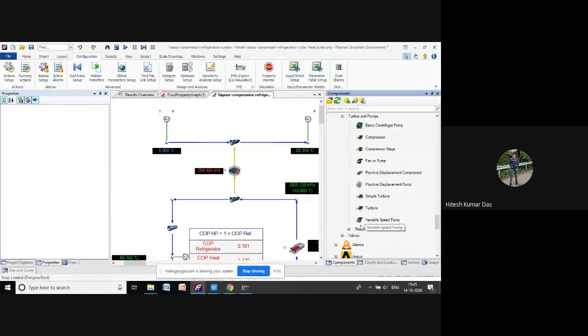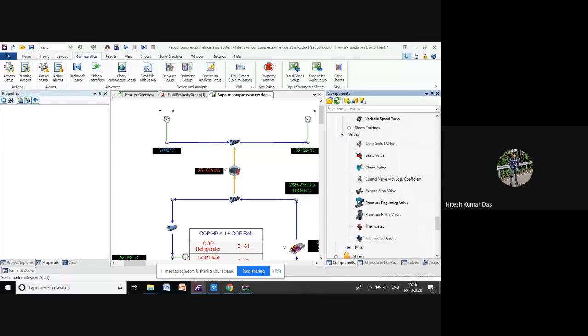If 3 stages are there, you can assign, also turbines, variable speed pump, and steam turbines. Various types of valves are also there, like all types of control valves, basic valve, check valve, control valves with loss coefficient, excess flow valve, and the pressure. So this is all about components.